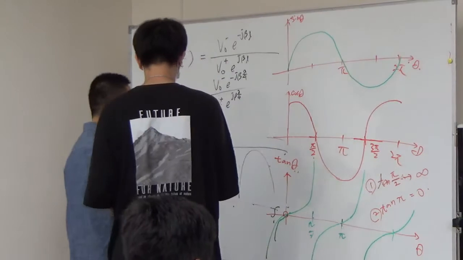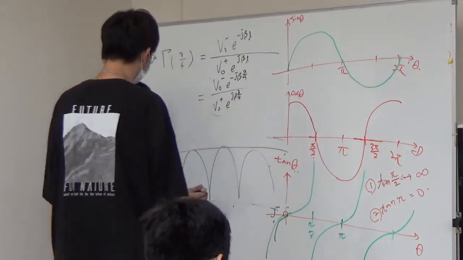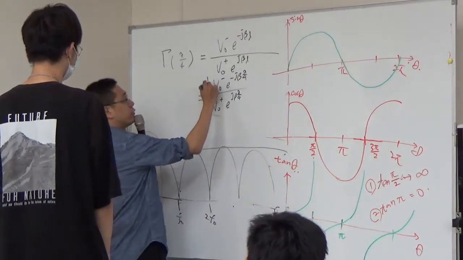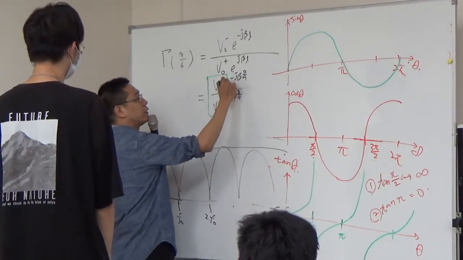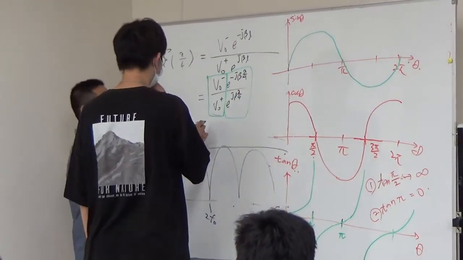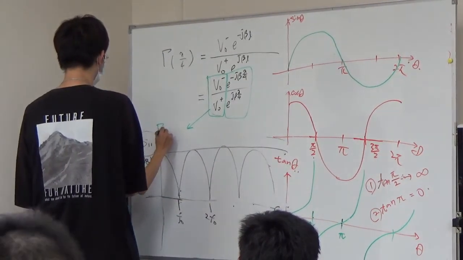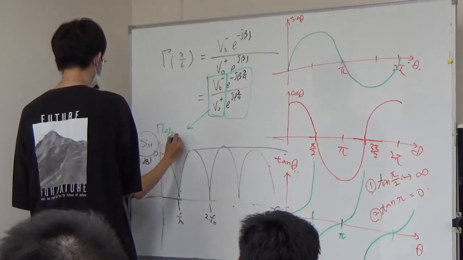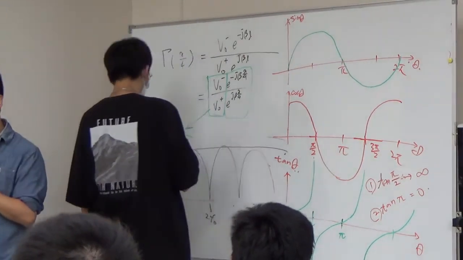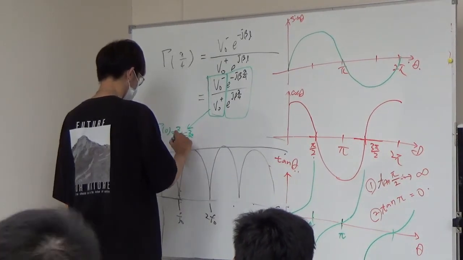Let me help. I separate this one into 2 parts, for this term and this term. For this term, it is gamma 0, right? It will equal to, if you finish everything, you deserve 5 points.